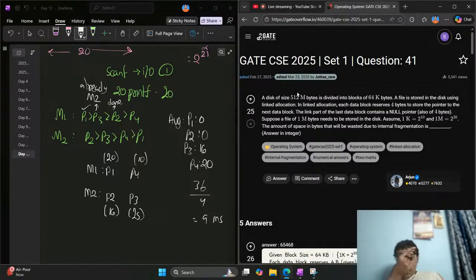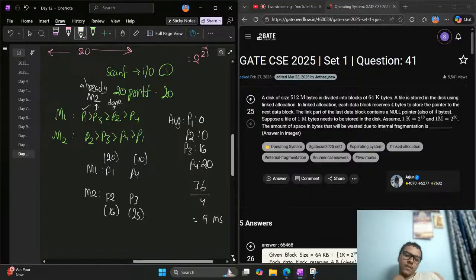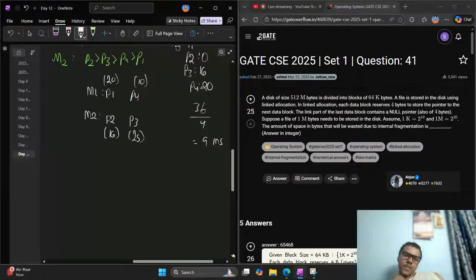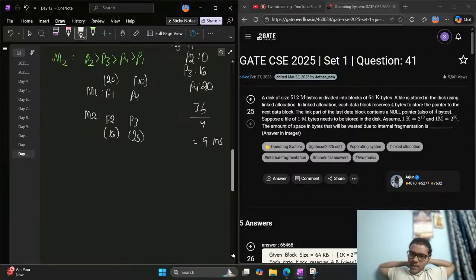So we have scheduling mainly, and we have paging, and we have deadlock detection and avoidance as of now. Internal fragmentation: 512 megabytes, 64 kilobytes file. You can calculate the number of blocks from this as well.